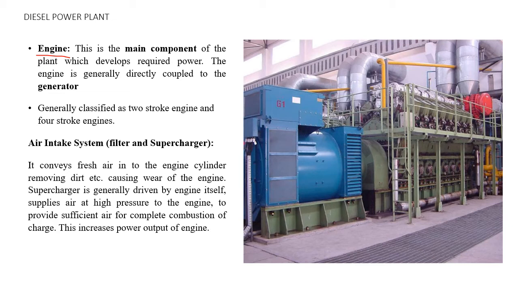Next is the air intake system. It conveys fresh air into the engine cylinder. We have filters which remove the dirt, and we also have a supercharger, which is driven by the engine itself. It supplies air at high pressure to the engine to provide sufficient air for complete combustion of the fuel. This increases the power output of the engine.